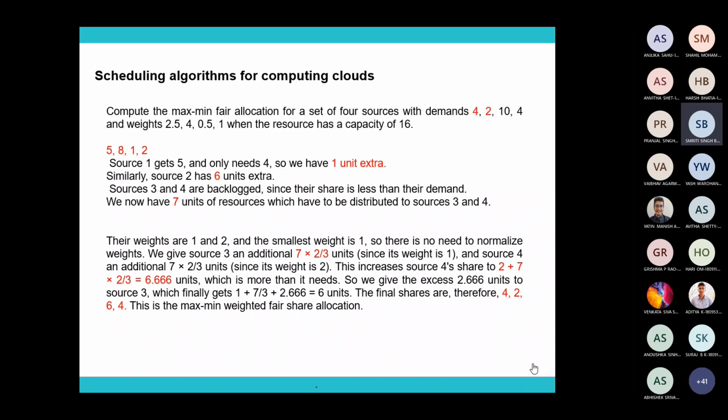See, only two things you need to consider. You just assign according to the weight. In case it is more than what they have requested, then the extra you have to distribute once again to others according to the weight. Okay, thank you, sir.